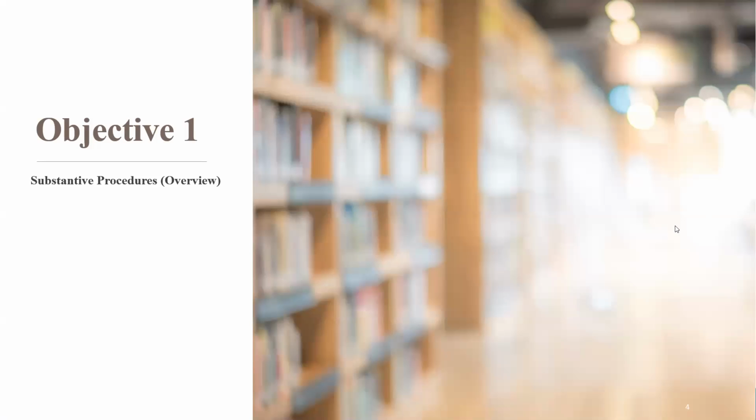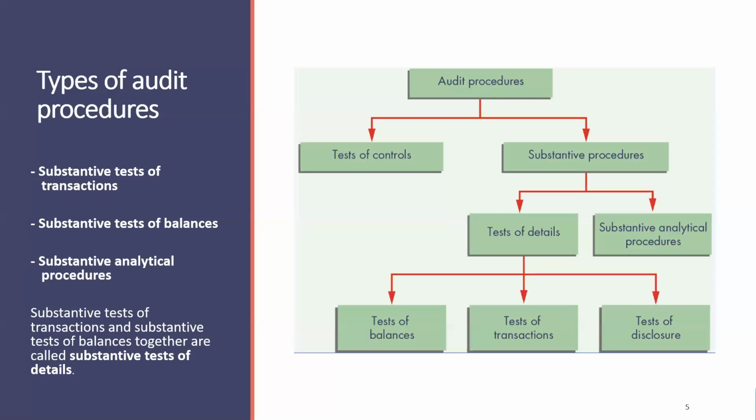So in objective 1, let's talk about the overview of the substantive test approaches. As we could always see, auditors have to obtain sufficient and appropriate audit evidence to support the auditor's opinion. We have done the introduction of test of controls in lecture 7.